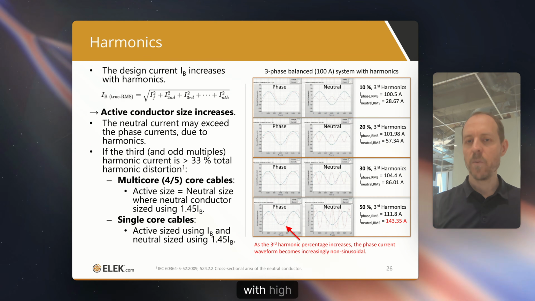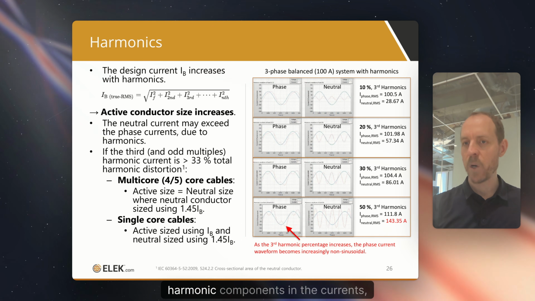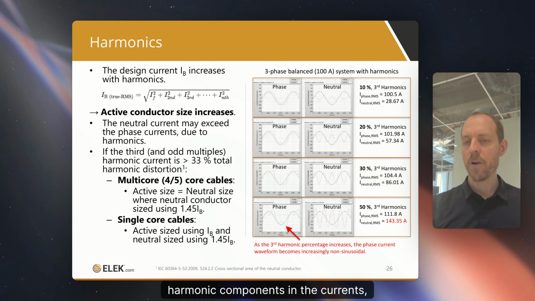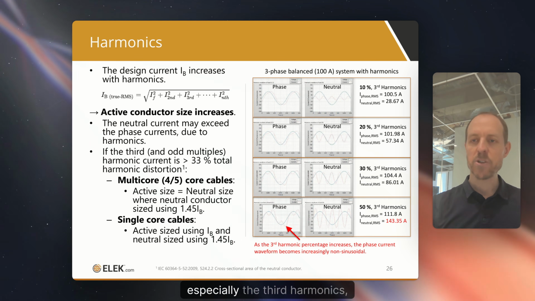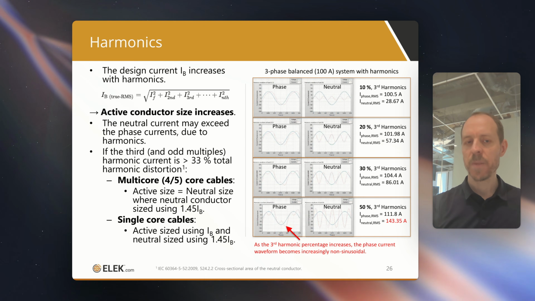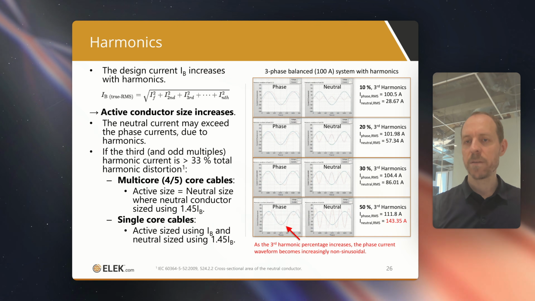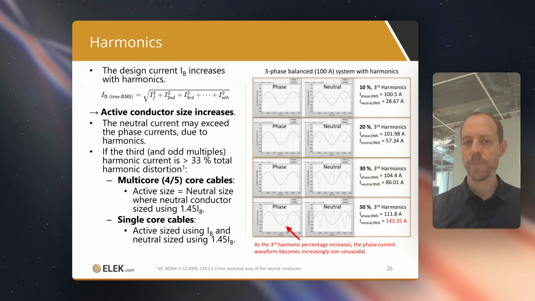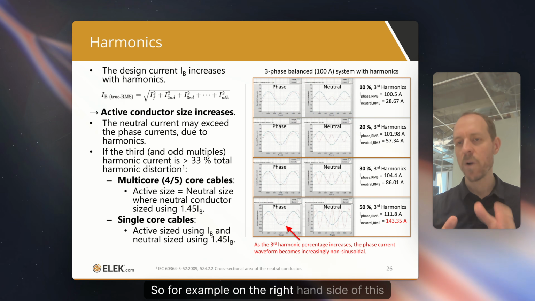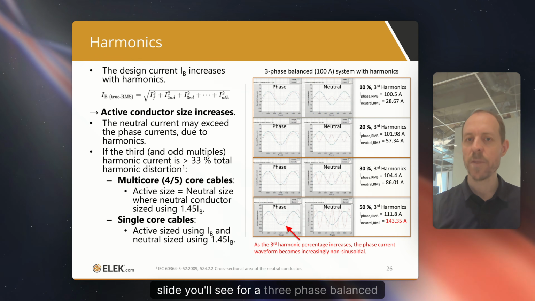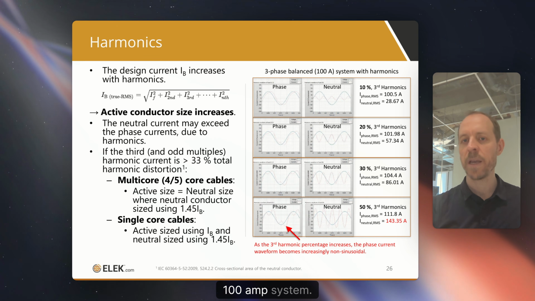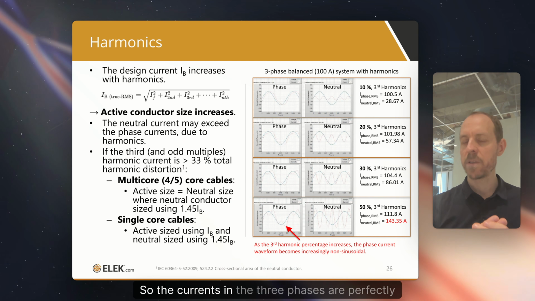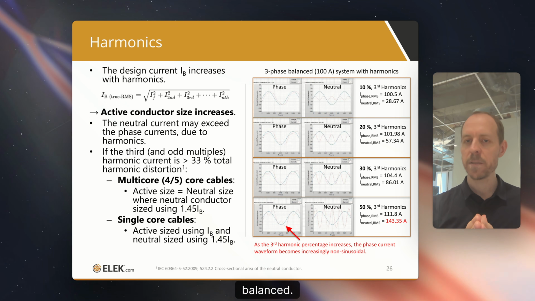With high harmonic components in the currents, especially the third harmonics, you will end up with significant neutral currents, or currents flowing in the neutral. For example, on the right-hand side of this slide, you'll see a three-phase balanced 100 amp system, so the currents in the three phases are perfectly balanced.